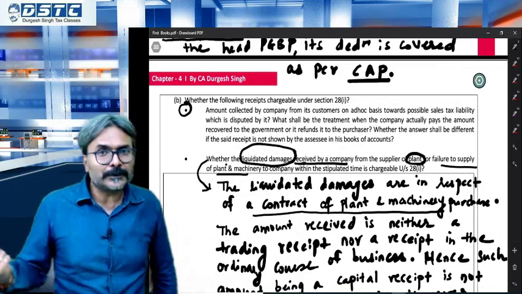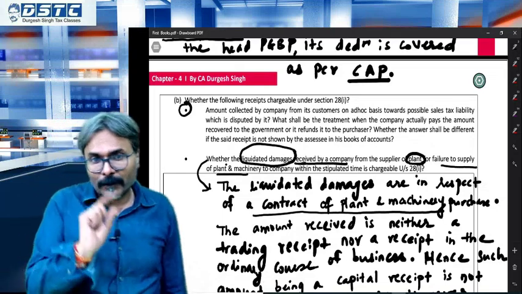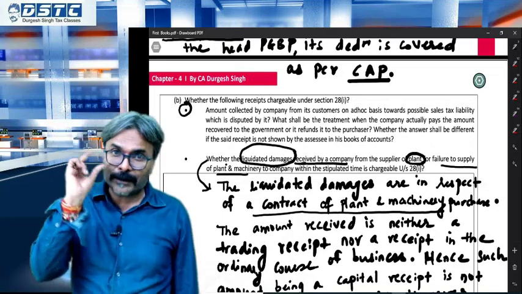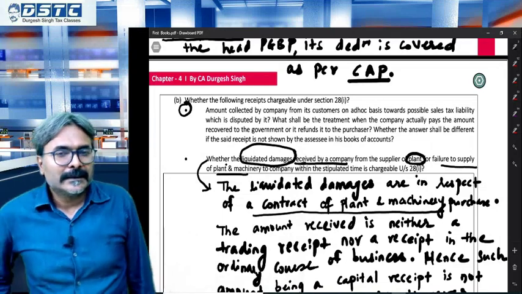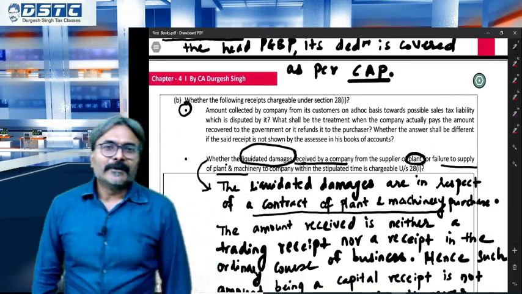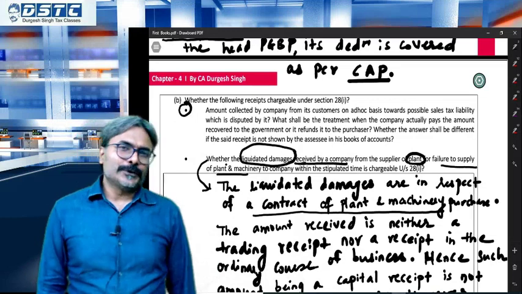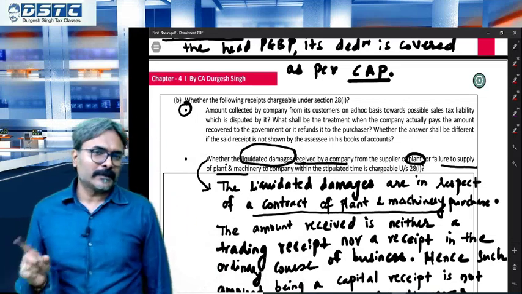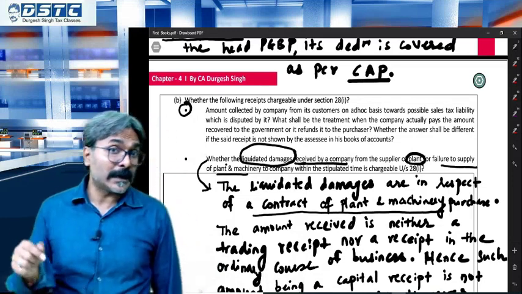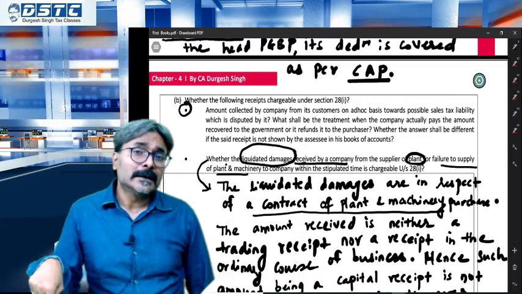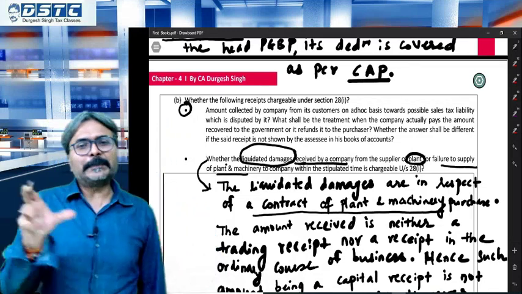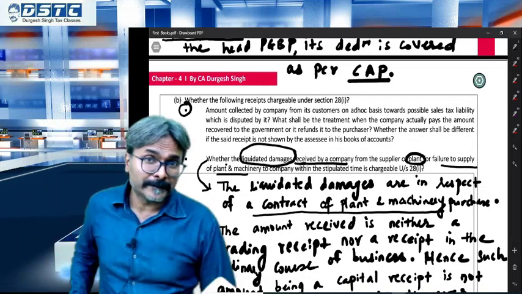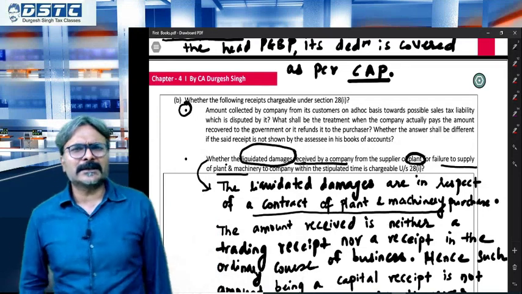It is important to understand the why of the ICDS. Just now I told you that the profit and gains finally chargeable under the head PGBP is 70% influenced by commercial accounting principle, and only the balance 30% is what?